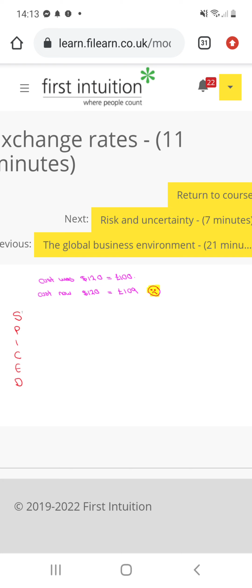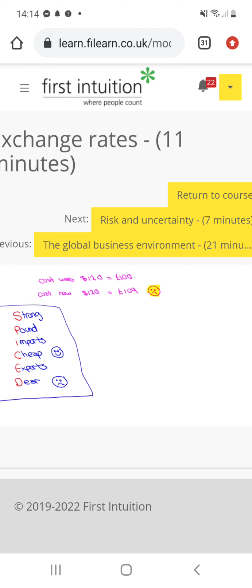A strong pound makes imports cheap and exports dear. I'll put this separately because it doesn't link to the part in pink above.